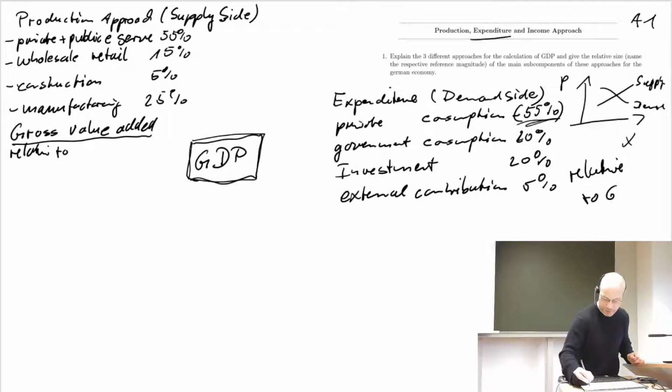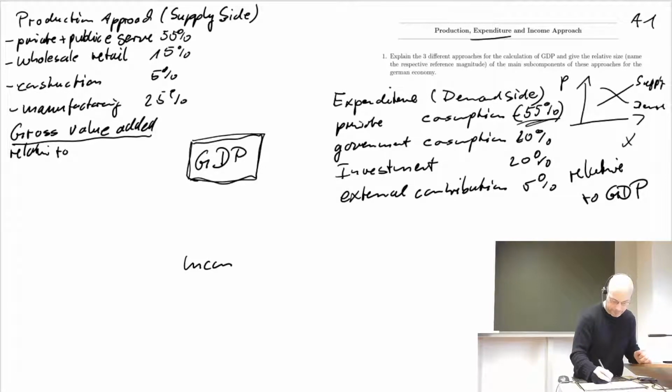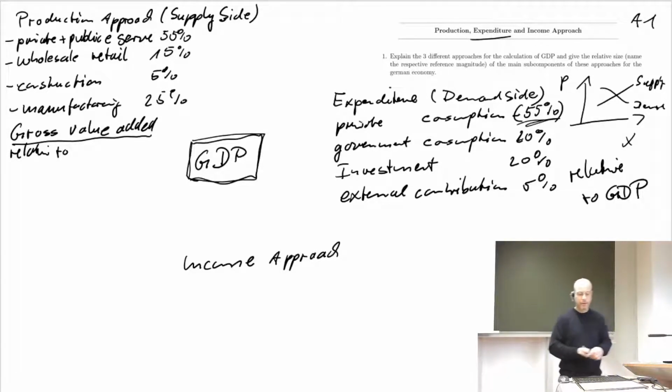Okay, and this is relative to GDP, and we have the income approach. And what are the components we are looking at?